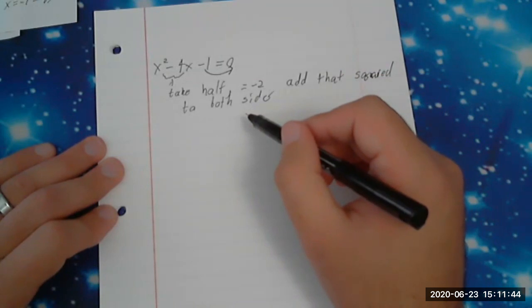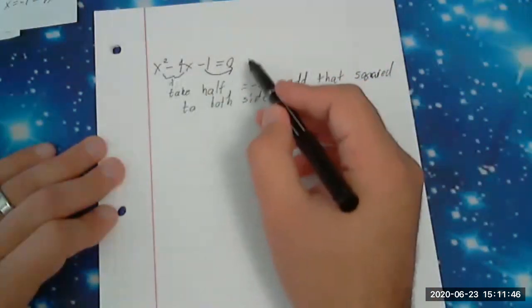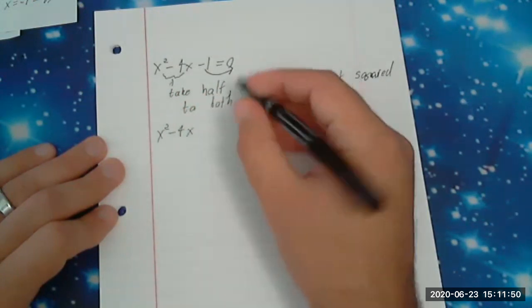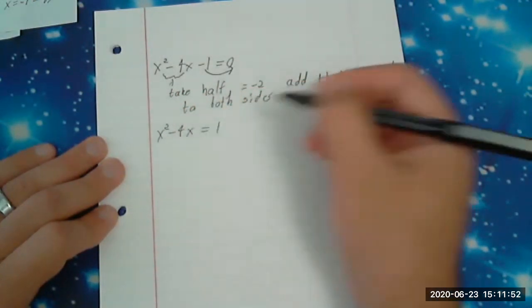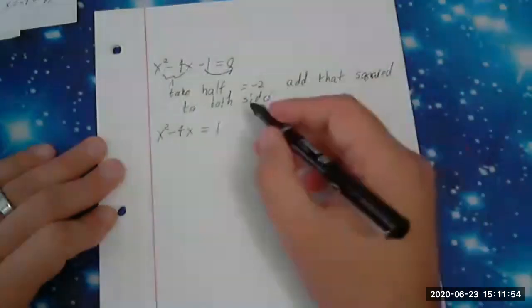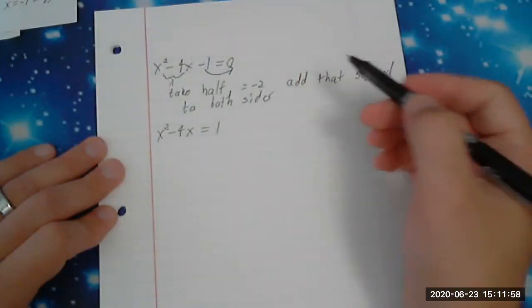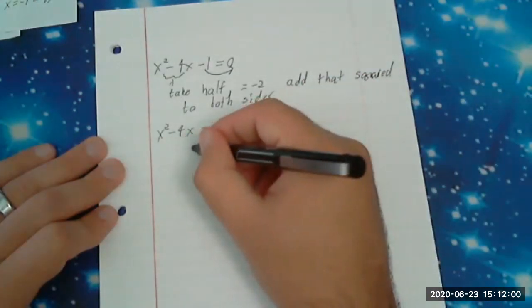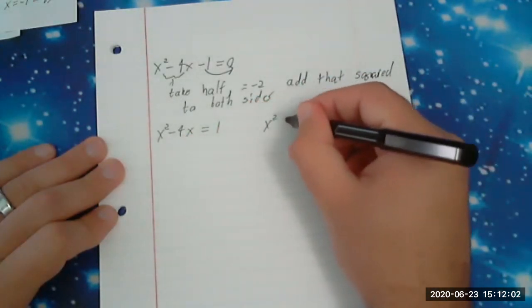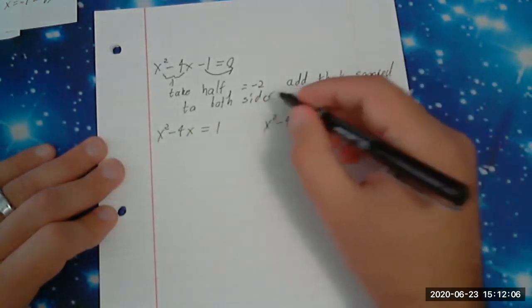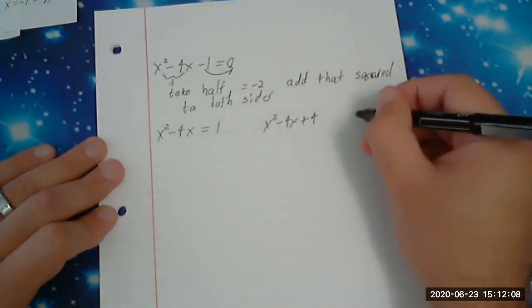So what we get is x squared minus 4x equals 1. And then when we do the second part, we add -2 squared to both sides. So you get x squared minus 4x. -2 squared is +4.